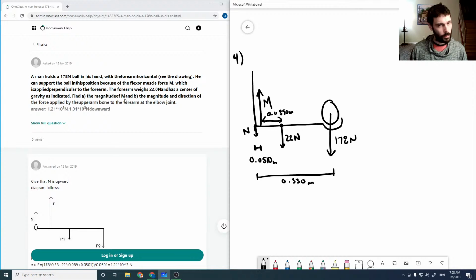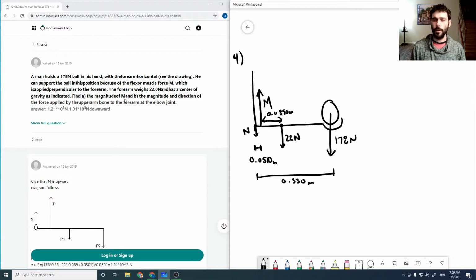And so we're looking for two things: the value of M and the value of N that I've shown in this figure. To solve for the value of M, we're going to use that the arm is stationary, so everything is stationary.